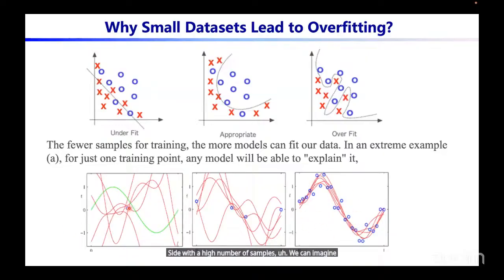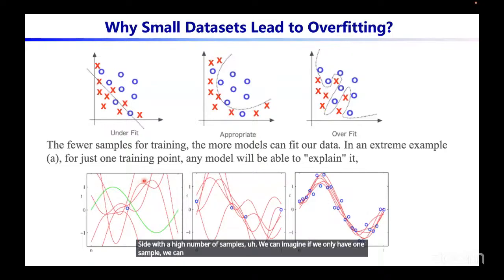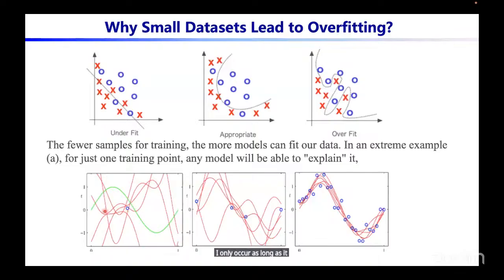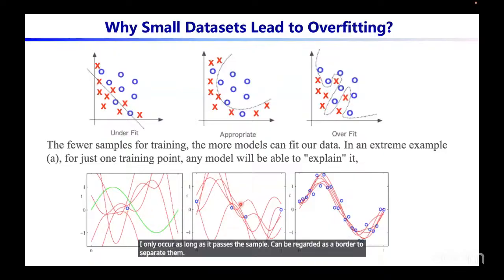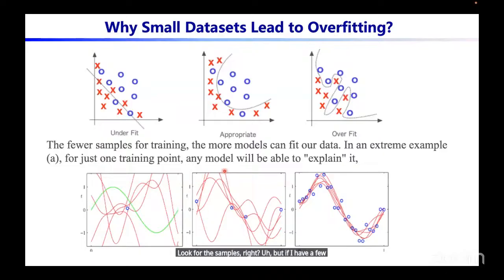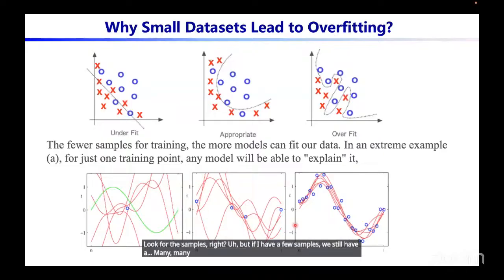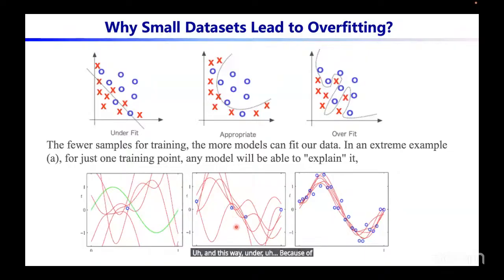We can imagine if we only have one sample, we can have any number of solutions. Any curve as long as it passes the sample can be regarded as a border to separate the samples. But if we have a few samples, we still have many choices. And because there are multiple choices, it's very difficult to determine which one is the best model.